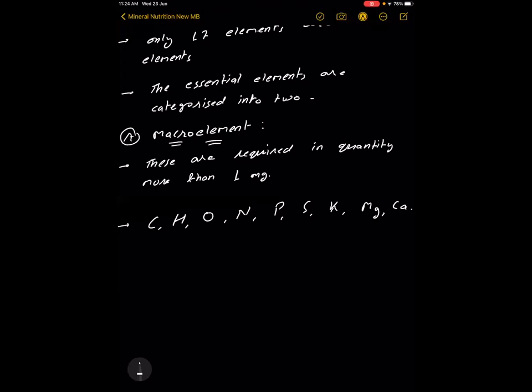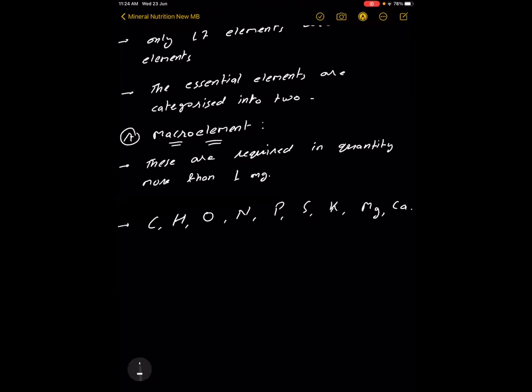So these 9, CHONPS KMgCa, are required in more than 1 milligram.